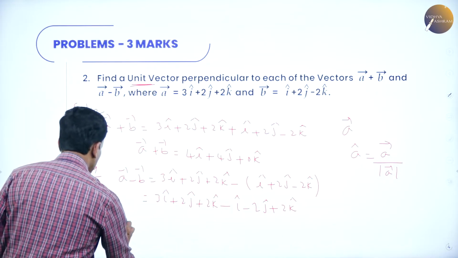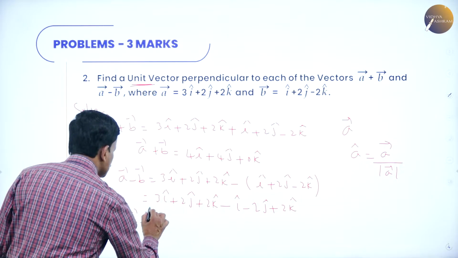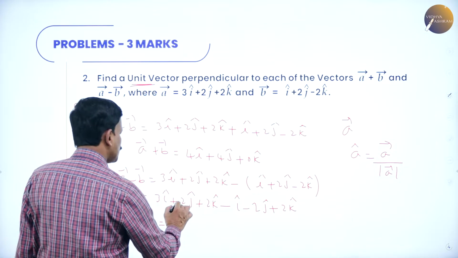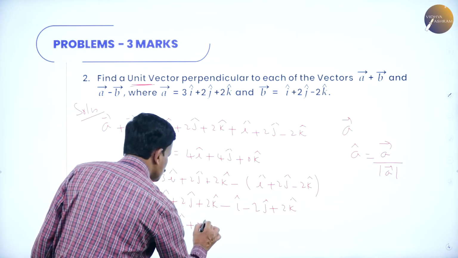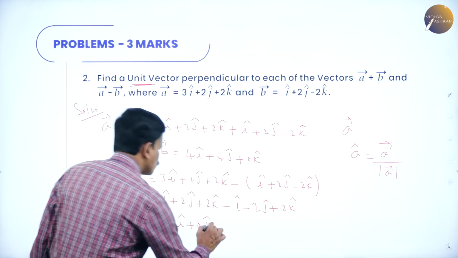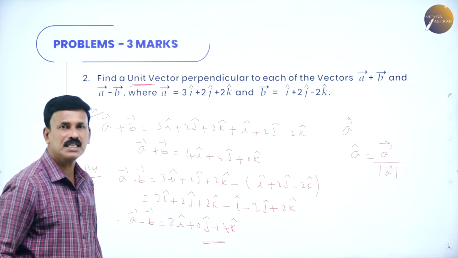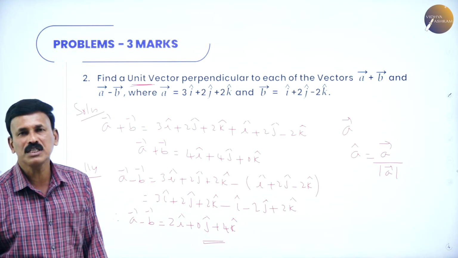Add this. So, therefore, vector a minus b can be written as 3i minus 1i is 2i, minus 2j plus 2j gets cancelled, this is 0j, 2k plus 2k is equal to 4k. So, this is how we are going to calculate the value of vector a plus b and a minus b, addition and subtraction.